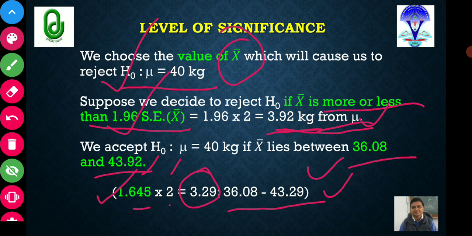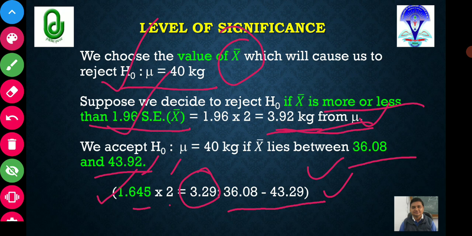Whatever value we have fixed, we have to multiply it with the standard error, and then subtract and add it to the population mean, and that will be your interval. If your calculated value is lying within it, we will be accepting the null hypothesis, and beyond which, if your calculated value is coming, we will be rejecting the null hypothesis.